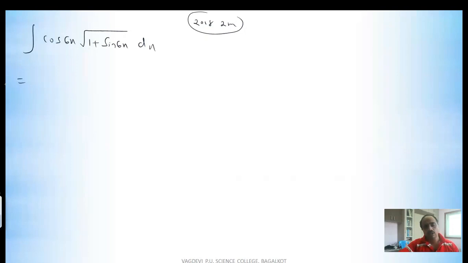How do you simplify it? Of course, it can be simplified. 1 can be written as sine square 3x plus cos square 3x. But what is the use of that? There is no factor in the denominator to cancel and simplify it. So this is not a problem on integration by simplification. It's integration by substitution. How to identify that it's substitution?